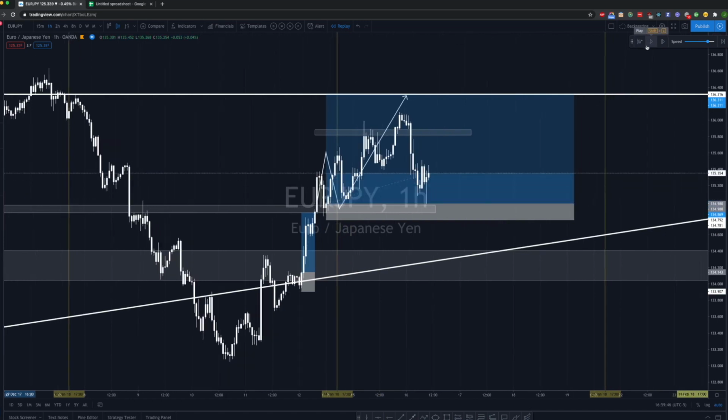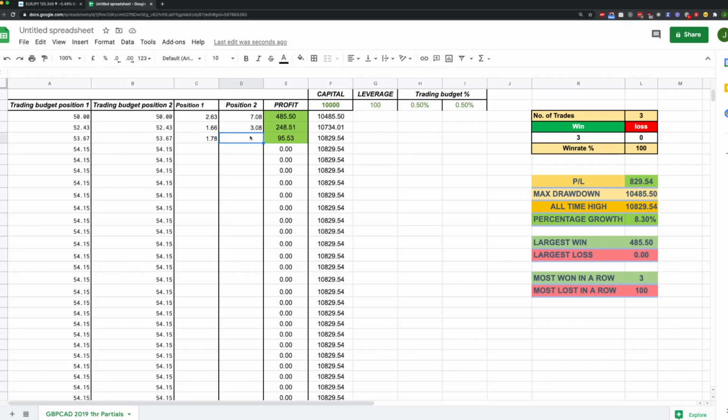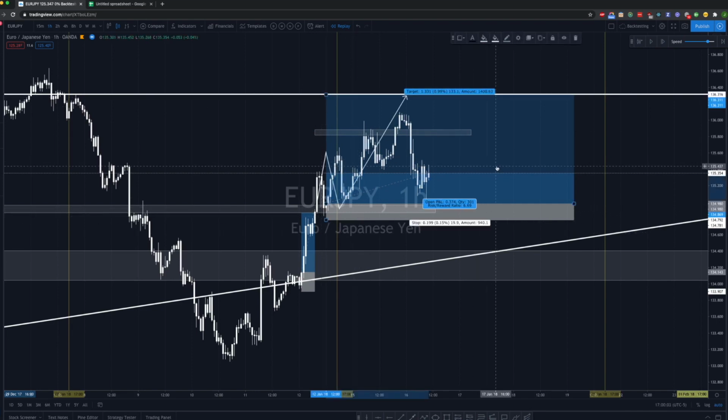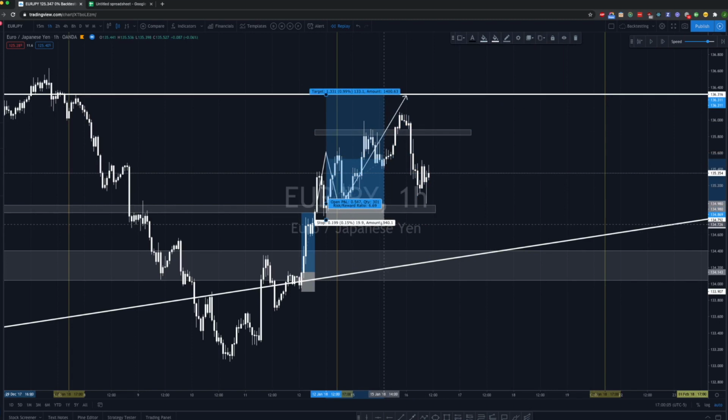If it comes back, that would have probably taken me out there at break even. So call that break even. It didn't quite get back to my level, but we hit first targets there, so something like that.